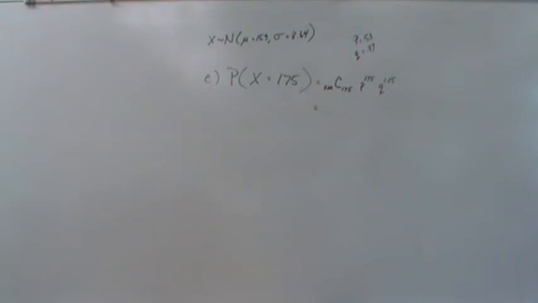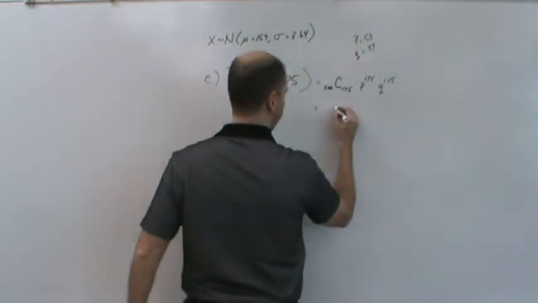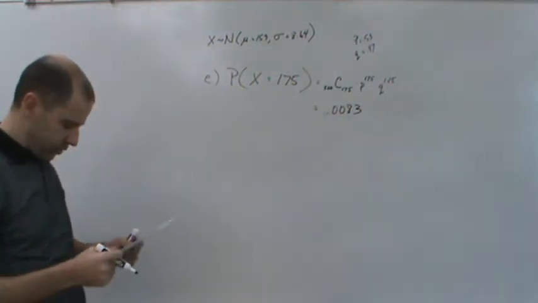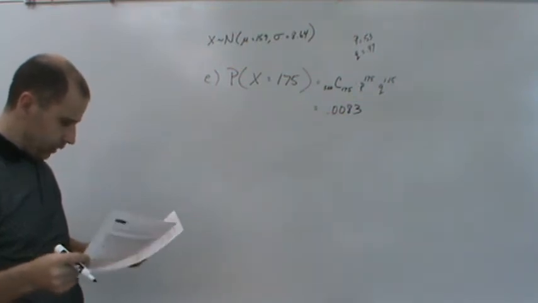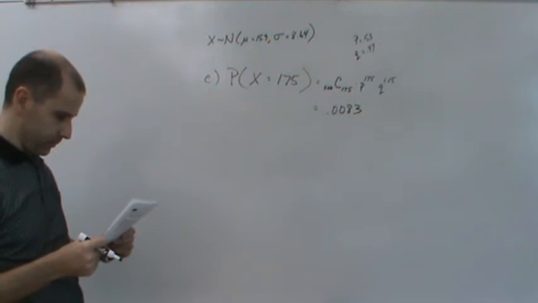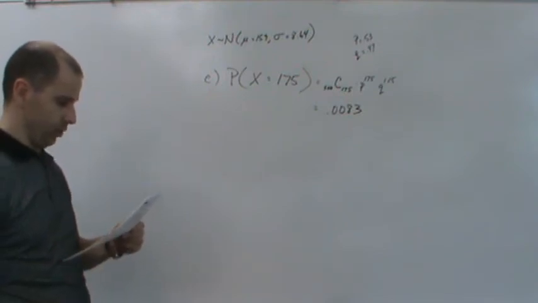And so my probability turns out to be 0.0083. And I'm done, right? Well, did they do the same thing? Let's find out. So here's what we need to do.